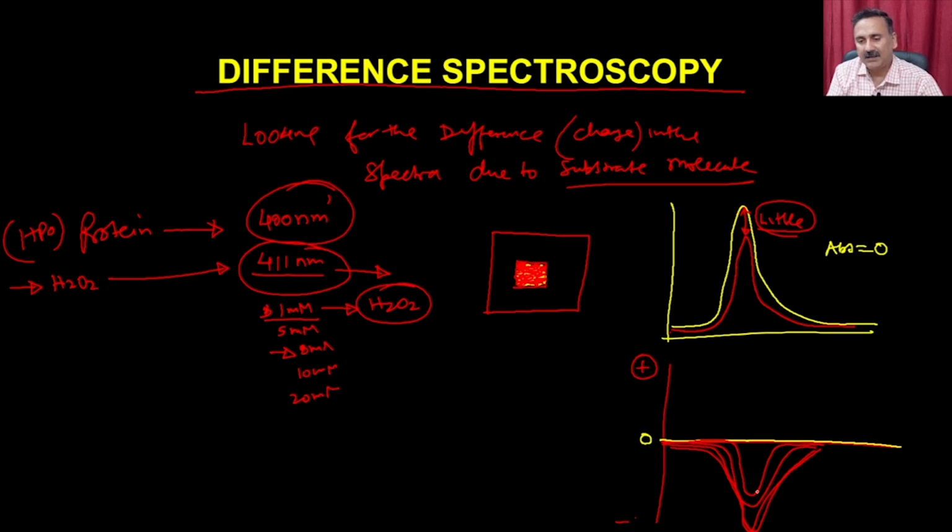And that is very, very interesting, because once you go beyond this, for example, if you add 50 millimolar, it will show you a separate molecule. In that case, you will see an absorbance of the hydrogen peroxide. So this is the hydrogen peroxide molecules' absorbance, whereas this is the withdrawal, or the subtraction of the absorbance because of the hydrogen peroxide binding to the enzyme.